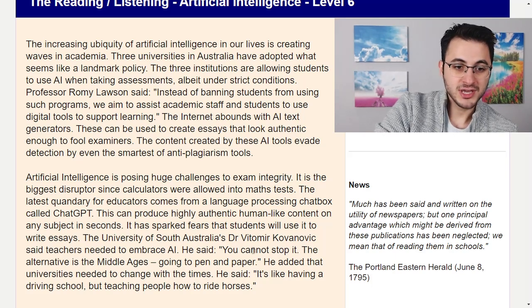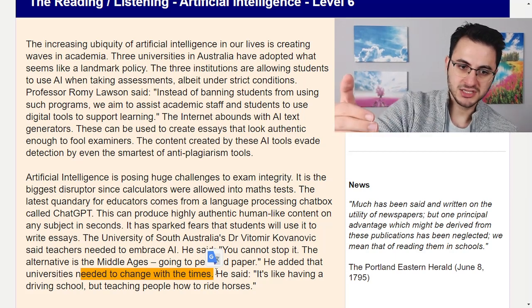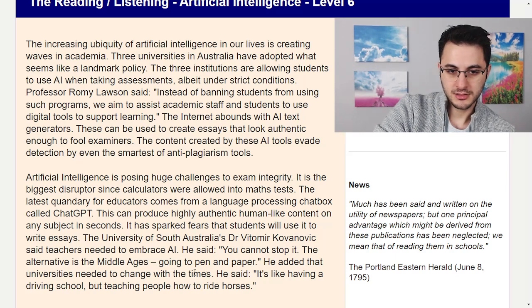Okay, so he says you cannot stop it, and he added that universities needed to change with the times. Change with the times means as times progress, as times change, we change too, right? He said, it's like having a driving school but teaching people how to ride horses.